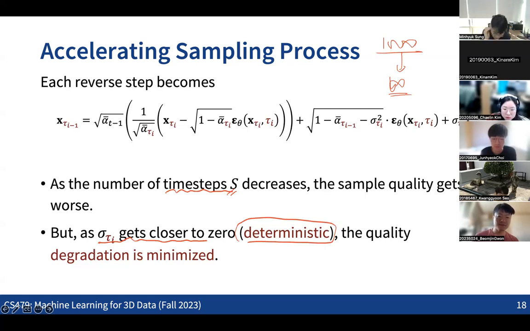So if you take x_t, then x_0 will be determined without any randomness. In those cases, the approximation with fewer time steps becomes more accurate, so we are not sacrificing the quality of the outputs that much, while dramatically reducing the number of samples. That's what people intended with the DDIM process.